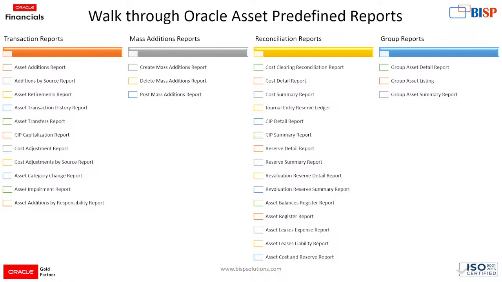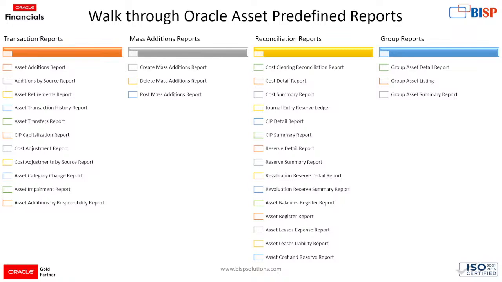The list of the impact of asset impairment transactions, displays cost, new net book value, net selling price, value in use, impairment loss amount of all the impaired assets, given book and depreciation period. Sort by asset number. Let us view that particular report.